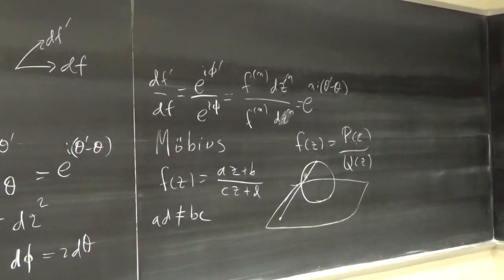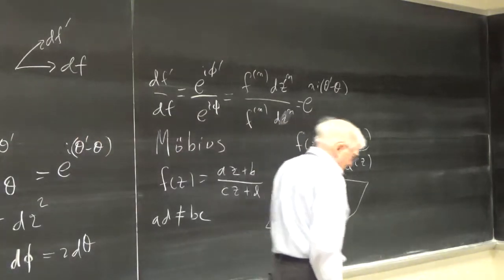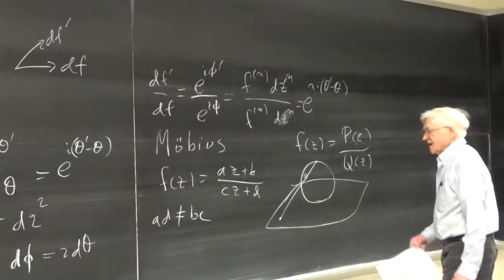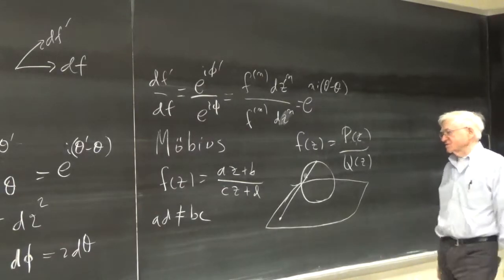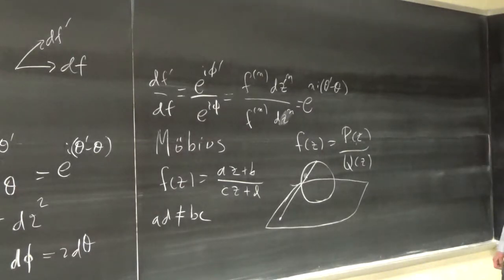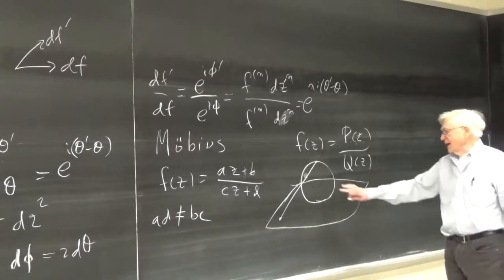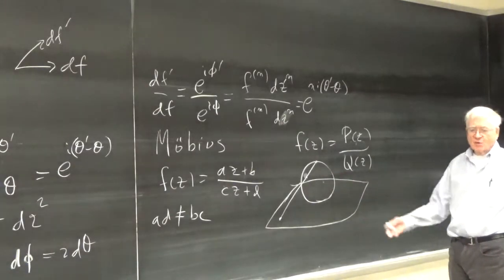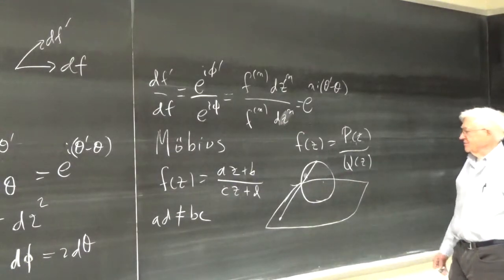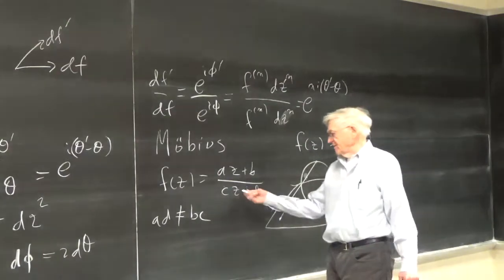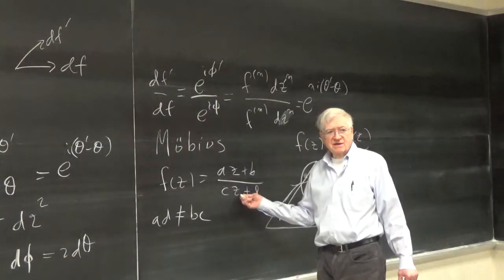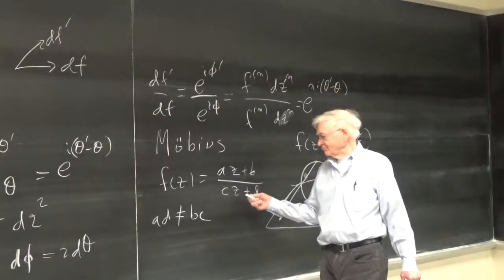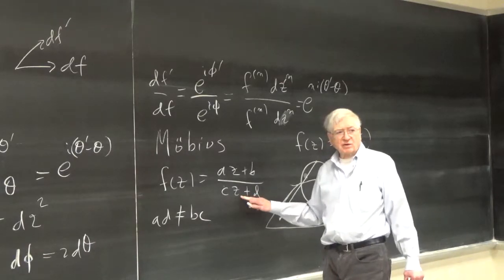Anyway, people like to have the function be meromorphic and map the Riemann sphere onto itself in a one-to-one way, and for that reason you can't have more than one pole in the denominator.